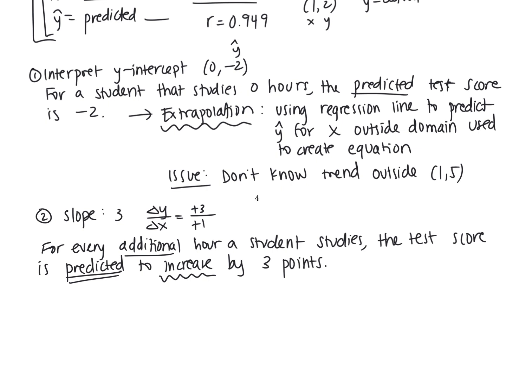So they'll say for every hour a student studies, the test score is 3 more points. But this additional is important, because without the additional, we're ignoring the y-intercept. So I want to see that term.